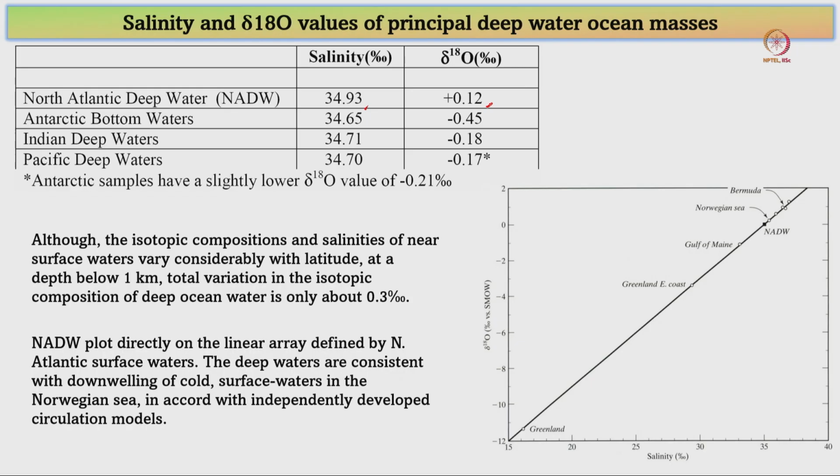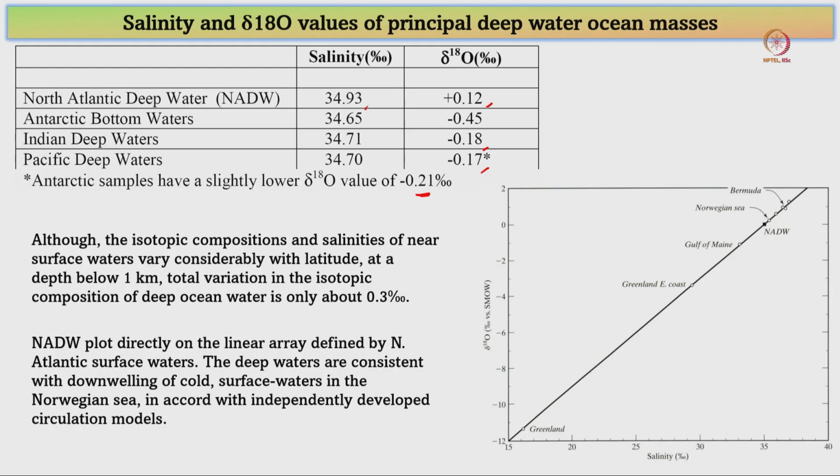Then there is Indian deep water, not the surface water but the deep ocean, which is around minus 0.18. The Pacific deep water is around minus 0.17, and near the Antarctic the values can go to minus 0.21. This means the Pacific Ocean only, but close to the Antarctic region, which can have slightly more negative values of minus 0.21.